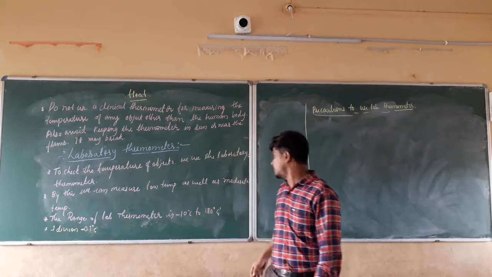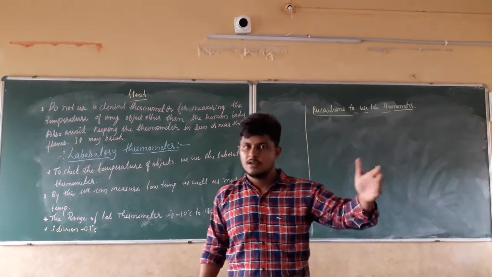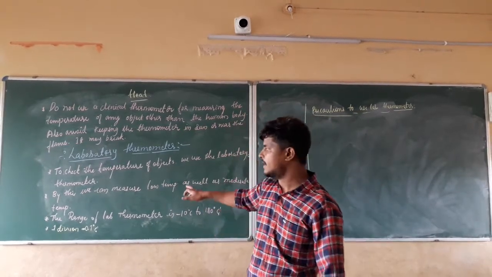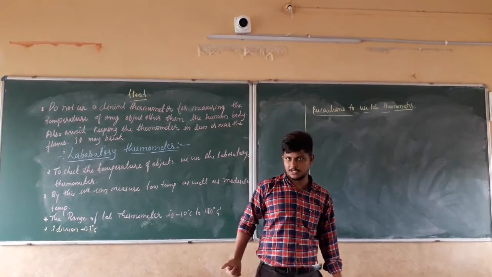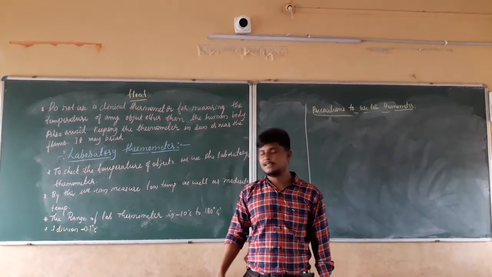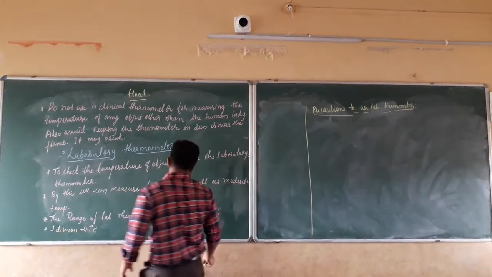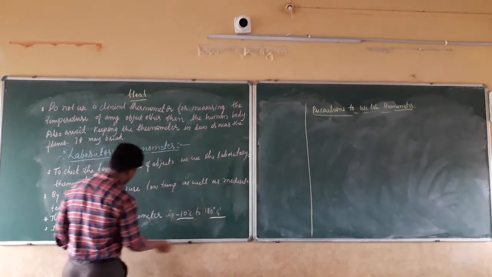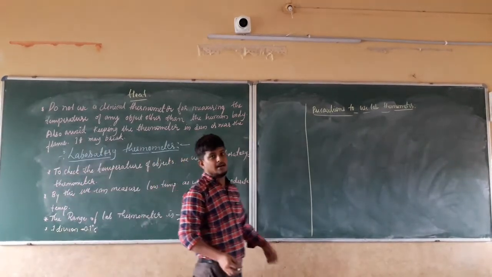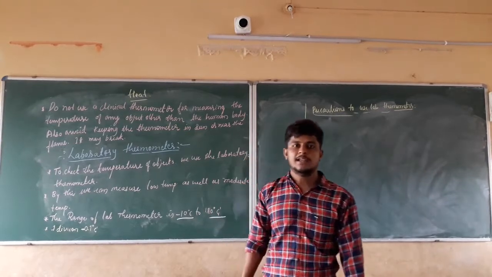But a laboratory thermometer can be used to check low temperatures as well as moderate to high temperatures. Right. The range of this thermometer is from minus 10 degrees Celsius to 110 degrees Celsius.